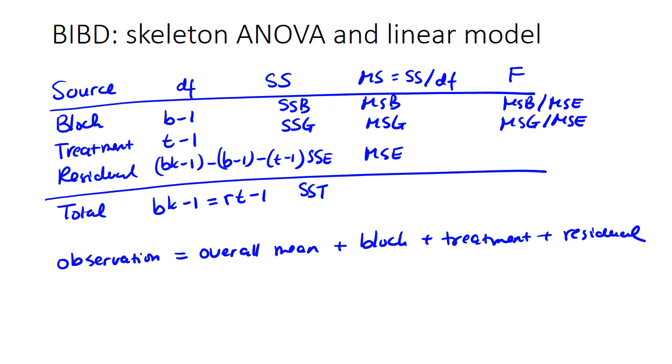This skeleton ANOVA and linear model are similar to the ones for RCBD. So what are the differences between these two designs?